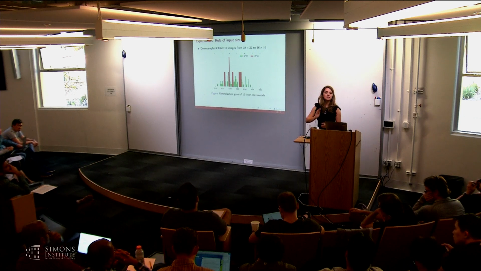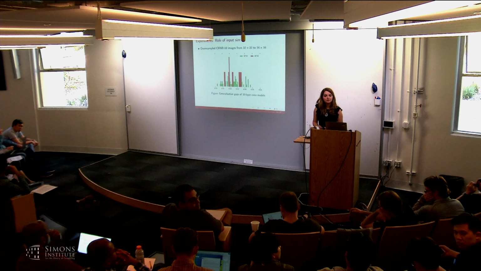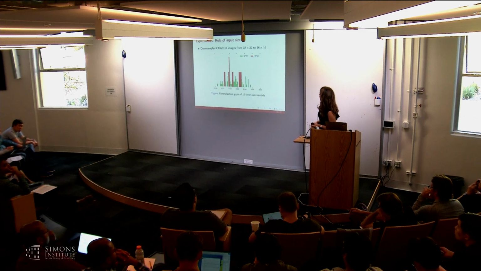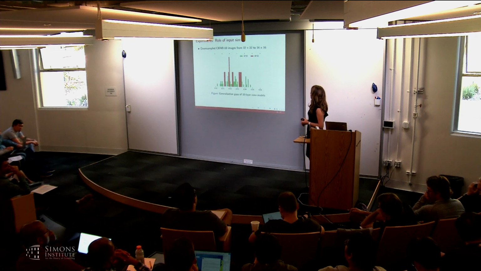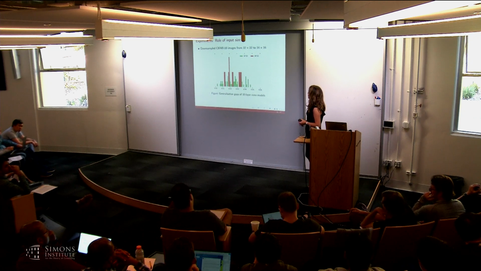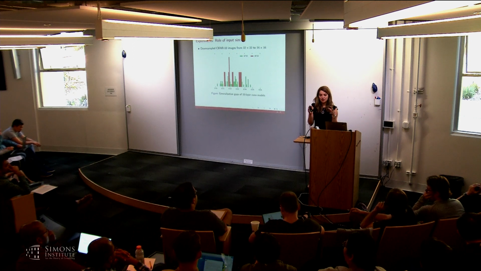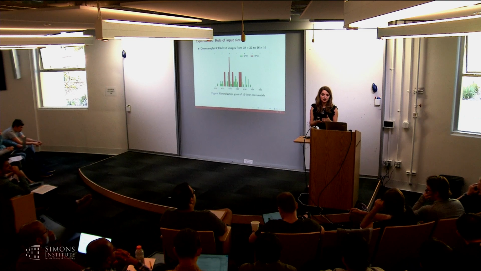Sure. Yes? Why is it the case that the 16 by 16 has a smaller generalization gap? Because it seems that the red curves have a smaller generalization gap, which is kind of counterintuitive. So essentially what happens is that when you make the input smaller, your train and test accuracy both become low. And so maybe that's why it's more concentrated.